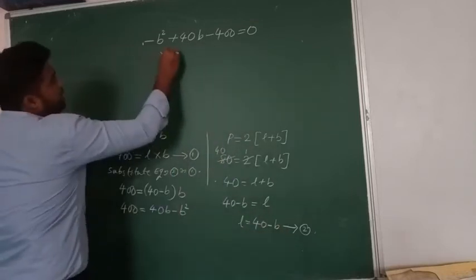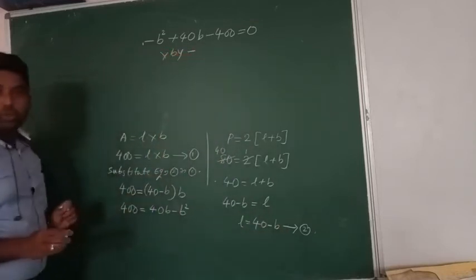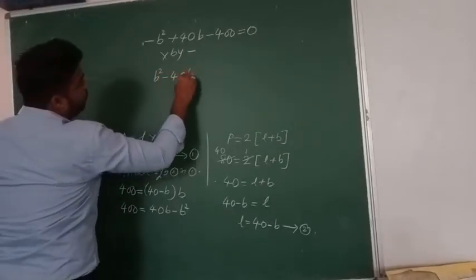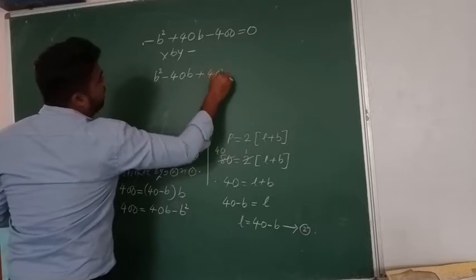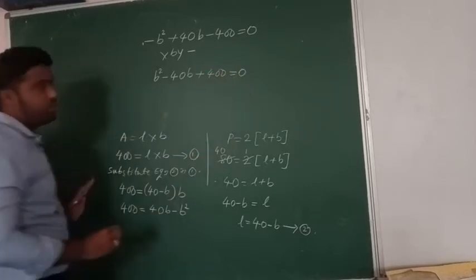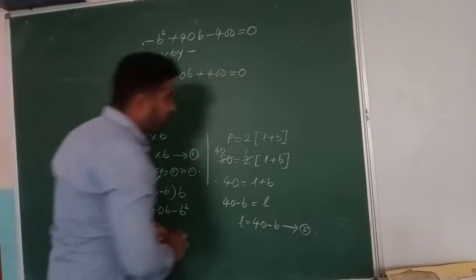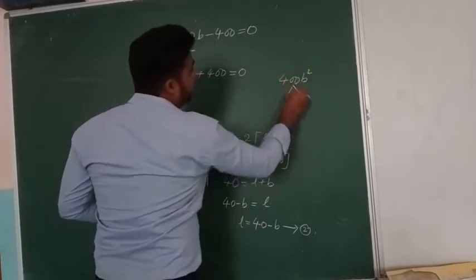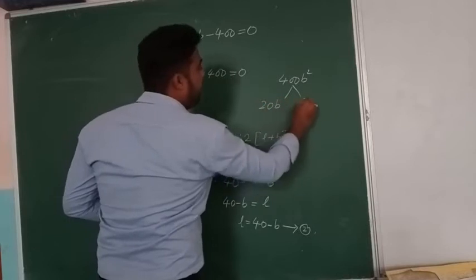This I will multiply each term by minus. So it becomes B square minus 40B plus 400 which is equals to 0. So what about the factors of 400 B square? The factors are 20B and 20B.